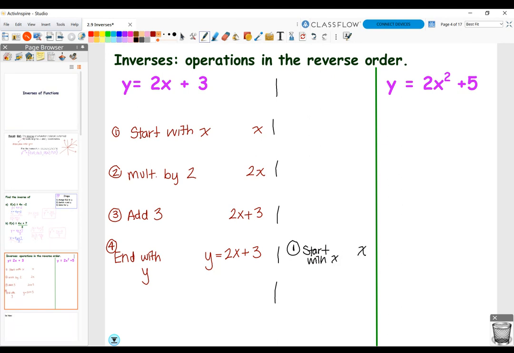So my function would start with x. Next, again, I'm working backwards. I added 3. What's the opposite of that? The opposite is subtract 3. So it becomes x minus 3.